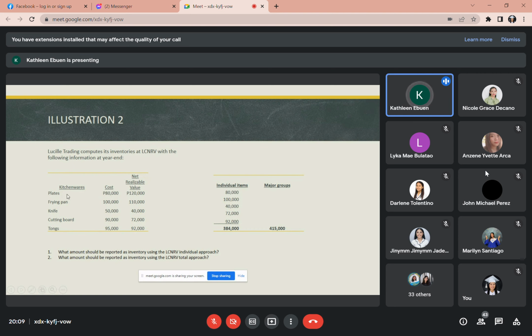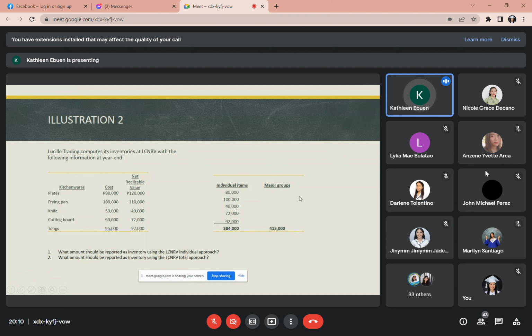So, we have a plates. Now, for kitchenwares, we have the plates, frying pan, knife, cutting board, and tongs. No? So, ang cost ng plates ay 80,000 and the net realizable value of 120,000. So, therefore, kukunin natin class is the LCNRV. Mas mababa si cost, therefore, ang cost po ng plates natin is 80,000.